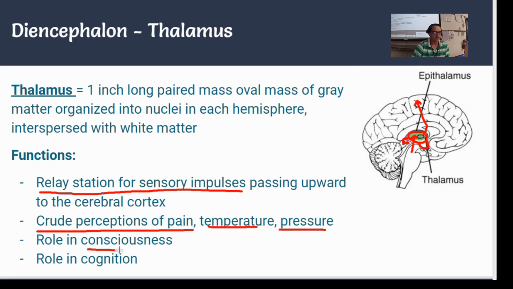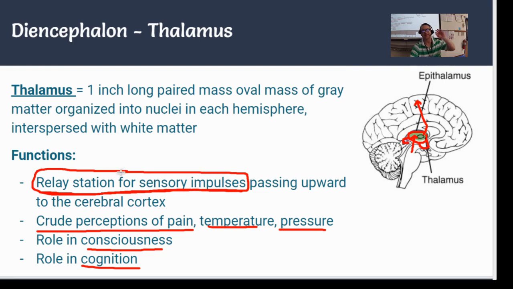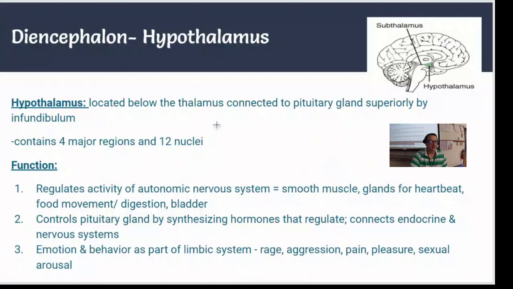It does play a role in consciousness, which makes you stay alert, and a role in cognition, which is the process of thinking and storing new memories. But the main thing right here, relay station for sensory information. So all sensory information passes through the thalamus, and then it's going to send it where it needs to go in the cerebrum.